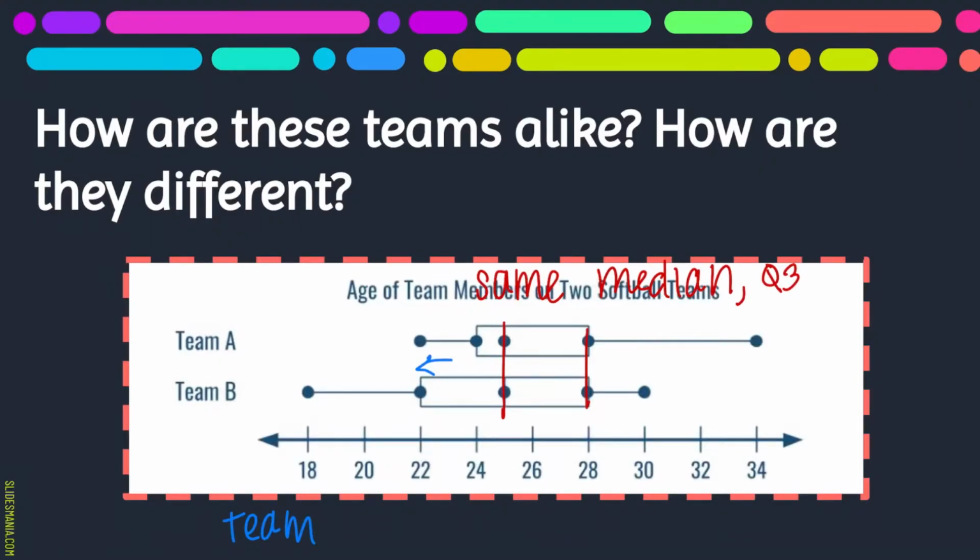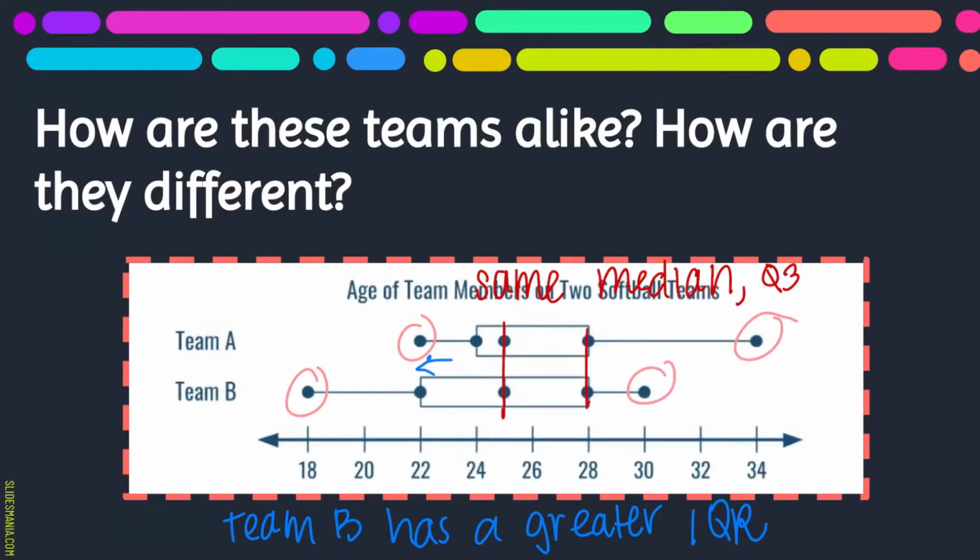So team B probably has a greater interquartile range. They both have different minimums and maximums. And then I also wonder what their range is.